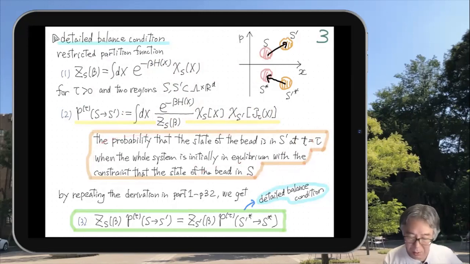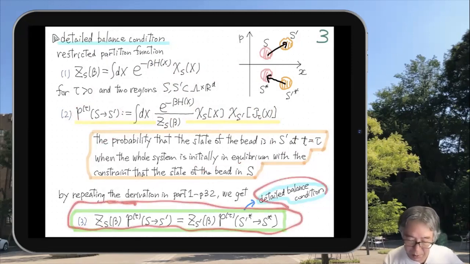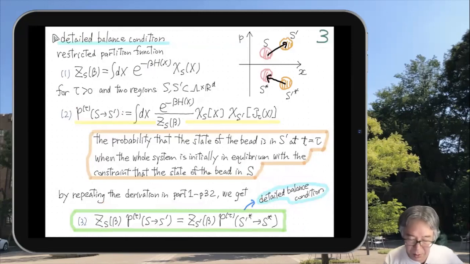Now we argue that this transition probability satisfies this symmetry. That's the detailed balance condition, and the derivation is exactly the same as that in part 1, page 32. But there is a difference. Since we consider the phase space region, including the momentum part, here we have the transition probability from S to S prime. But here we don't have S prime to S, but we have S prime star to S star.